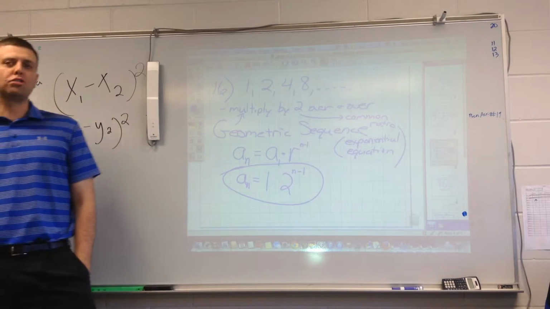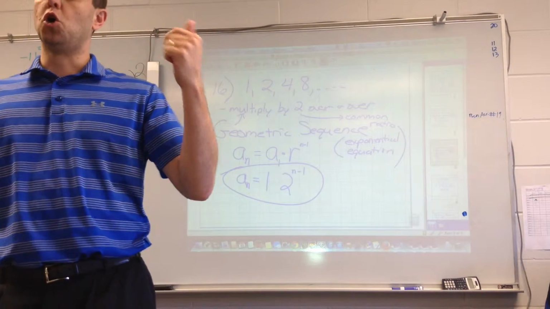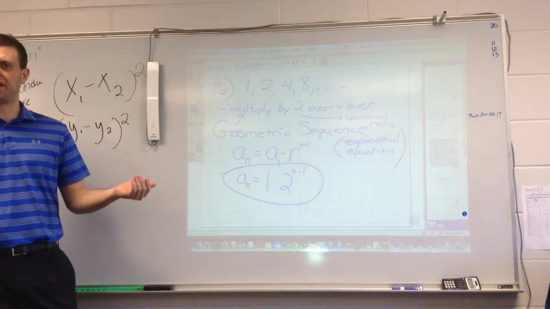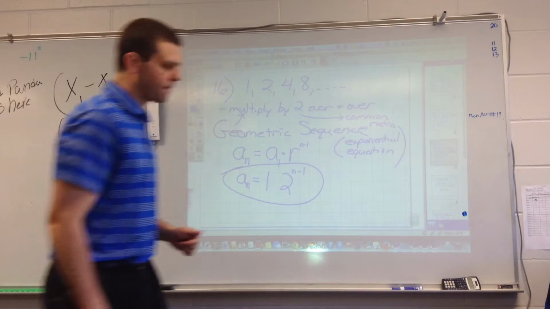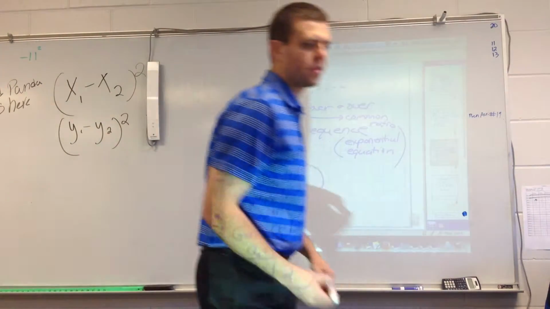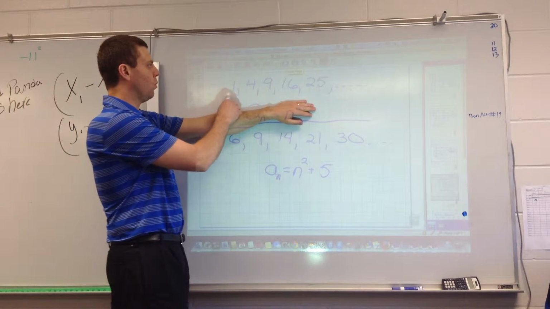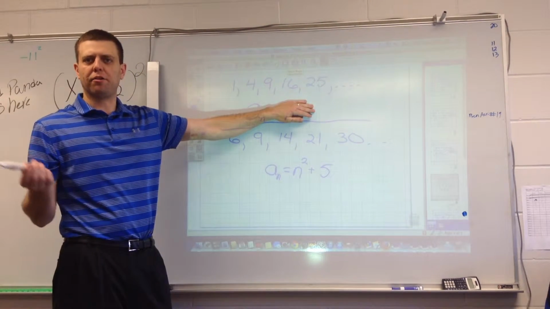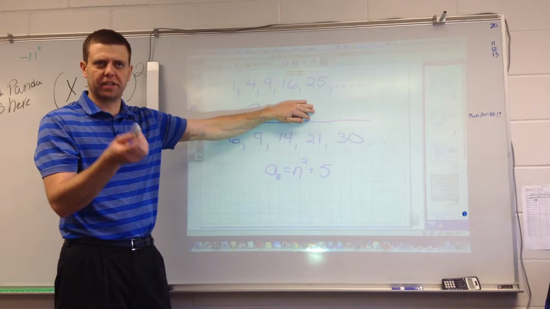Alright? Most of your problems will be either arithmetic sequences or geometric sequences. Okay? Most of them, and especially today. Alright? There are some other ones that you could see. Like if you see 1, 4, 9, 16, 25, that's definitely not arithmetic because they're not adding the same number over and over again.